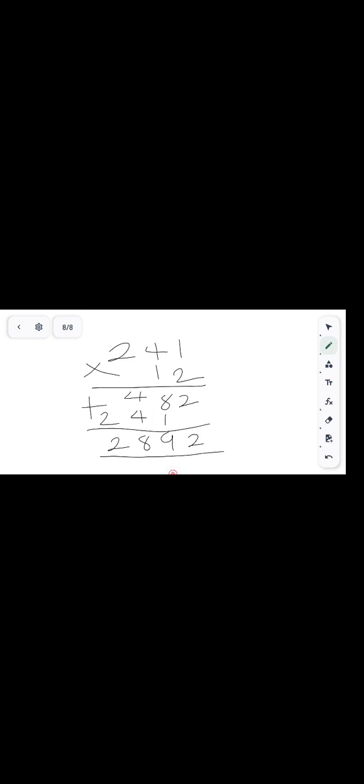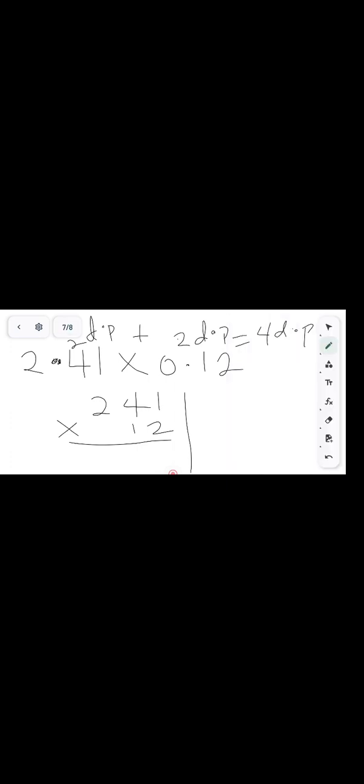Now don't forget, in our decimal, we took note of how many decimal places: 4 decimal places. If you go back to the other slide, you can see we have 4 DP here.